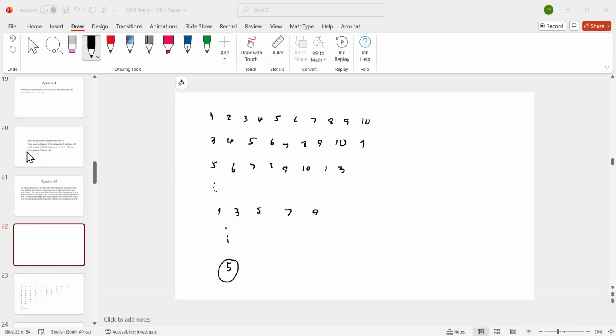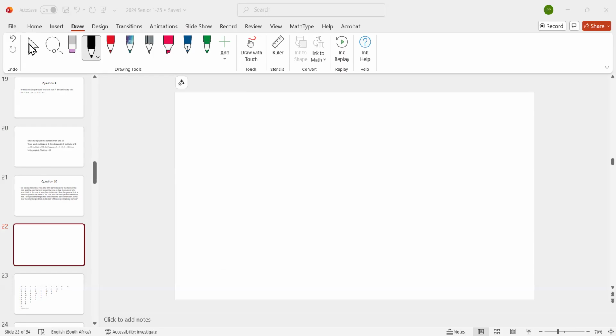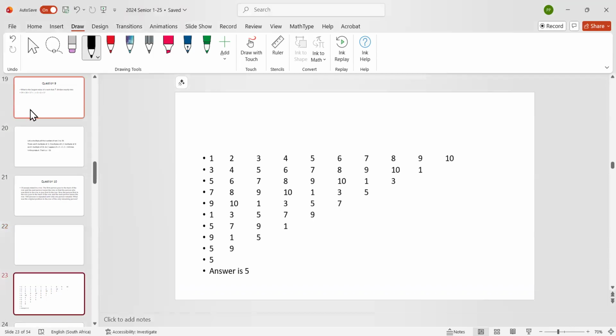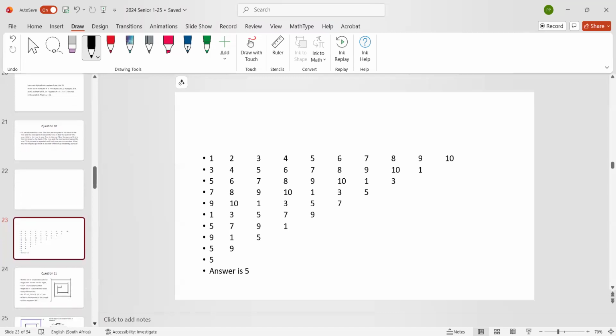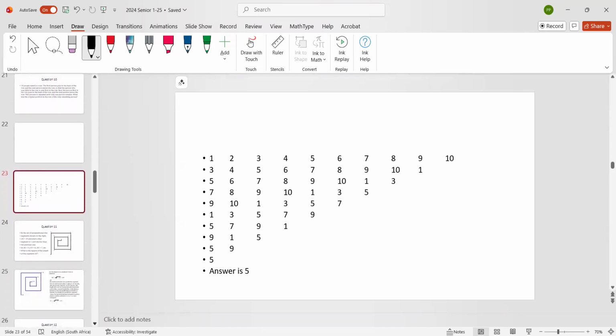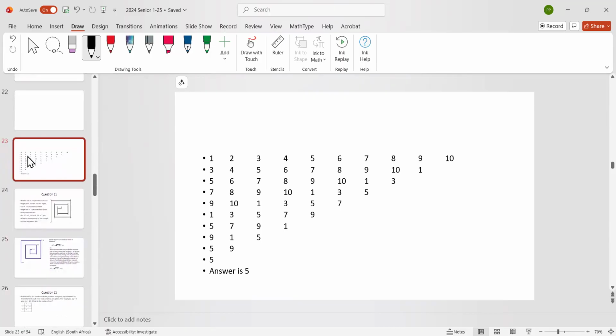Okay, so if we clear all the drawings and we go to this, here I've got the entire solution. I didn't skip any steps, so you can check to see.